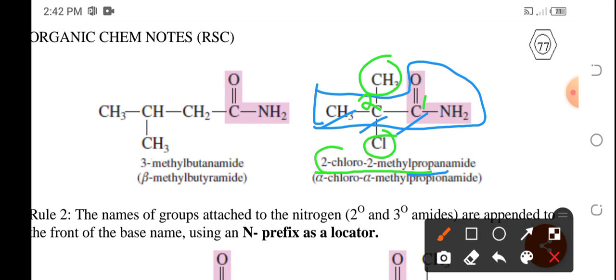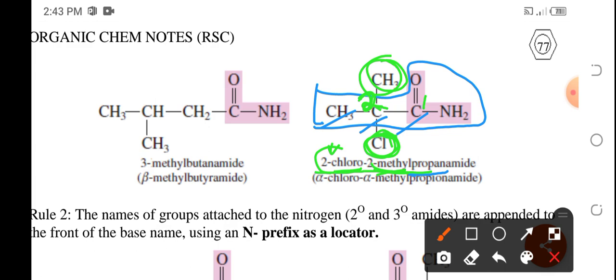2-chloro-2-methylpropanamide. 2-chloro means that the chlorine atom is attached on the second carbon atom. Same is true for the methyl group, attached on the second carbon atom of the parent chain propanamide. Okay, so still we follow the rules that we have to use dashes to separate words from a number, and the names of the substituents should be arranged alphabetically.